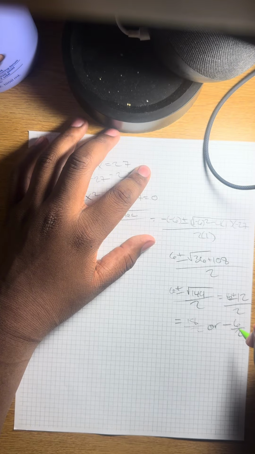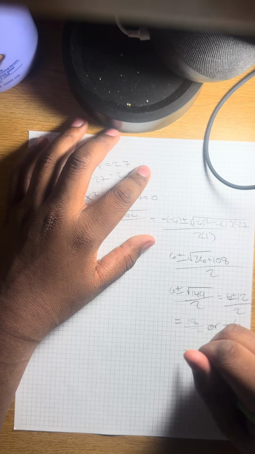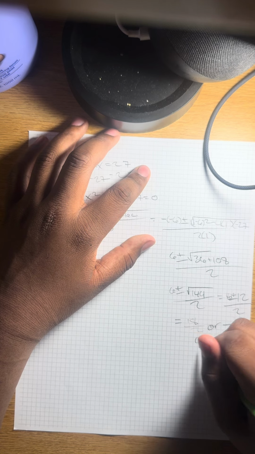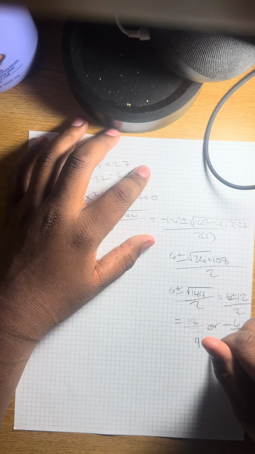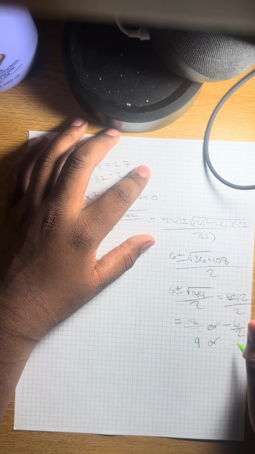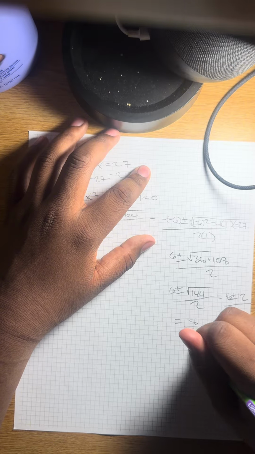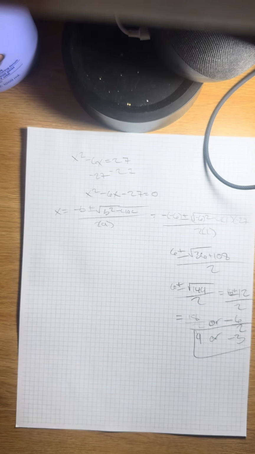We can simplify 18 over 2 to 9. We can simplify negative 6 over 2 into negative 3, and that will be our final answers.